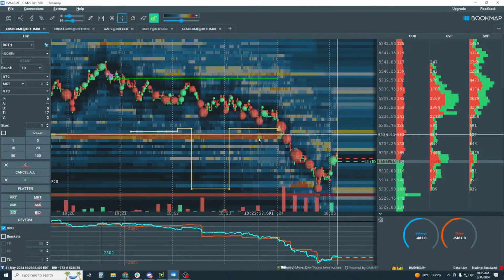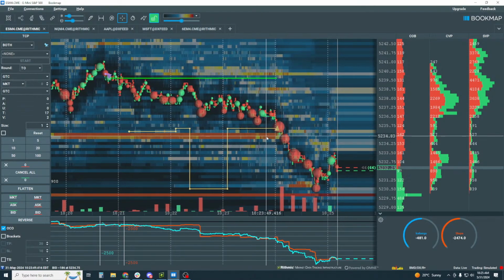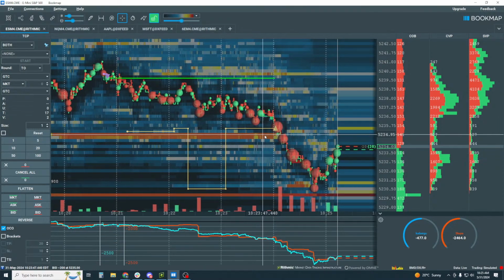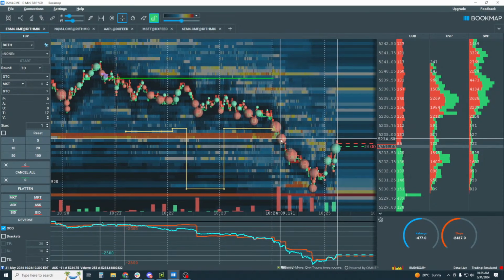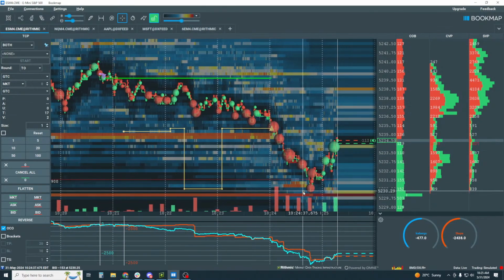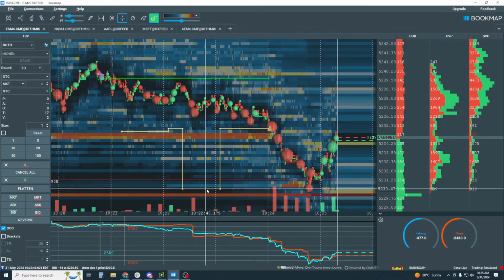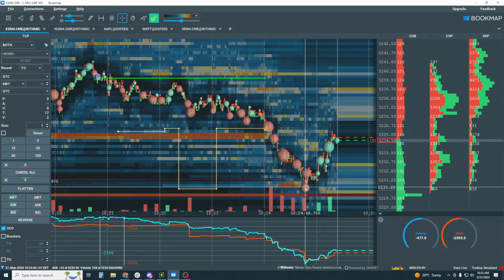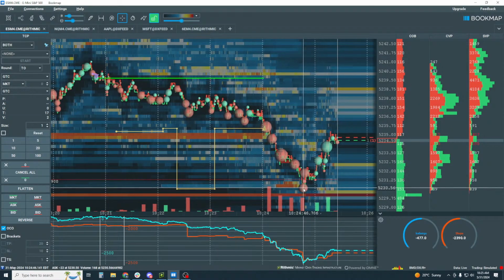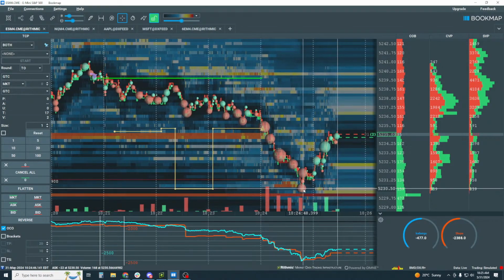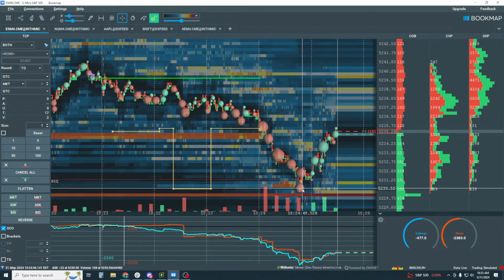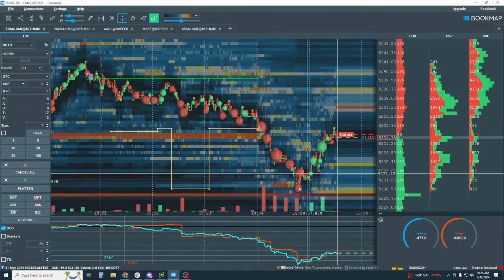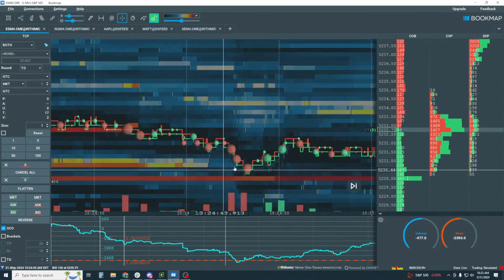Now, if we did go through a scenario where they pulled that liquidity down here, and we see this selling coming in, well, then we would put our take profit down here, and we demoed it right here. We would have been filled down here as well, as you can see in the transactions. That likely would have been filled, very, very likely. I think it went through that by a tick.